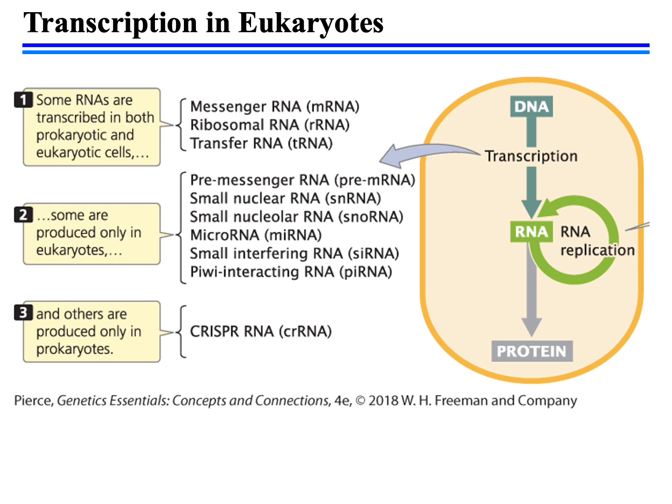This first category, highlighted as point number 1 on this slide, suggests that these categories of RNAs are transcribed in both prokaryotes and eukaryotes, and that is true. In point number 2, you can see that there are some types of RNAs that are produced only in eukaryotic cells, and those are highlighted in the center of the slide.